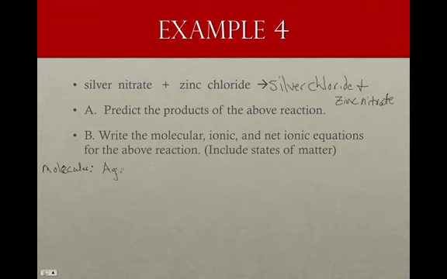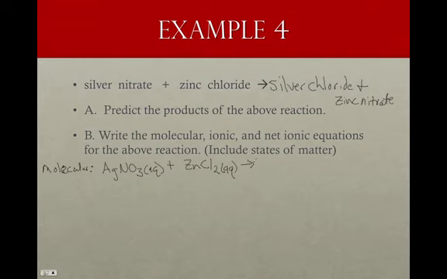Silver nitrate is AgNO3, and because nitrates are soluble, it's aqueous, plus zinc chloride is ZnCl2, and again, most chlorides are soluble, and zinc is not one of the exceptions, so that makes it aqueous.